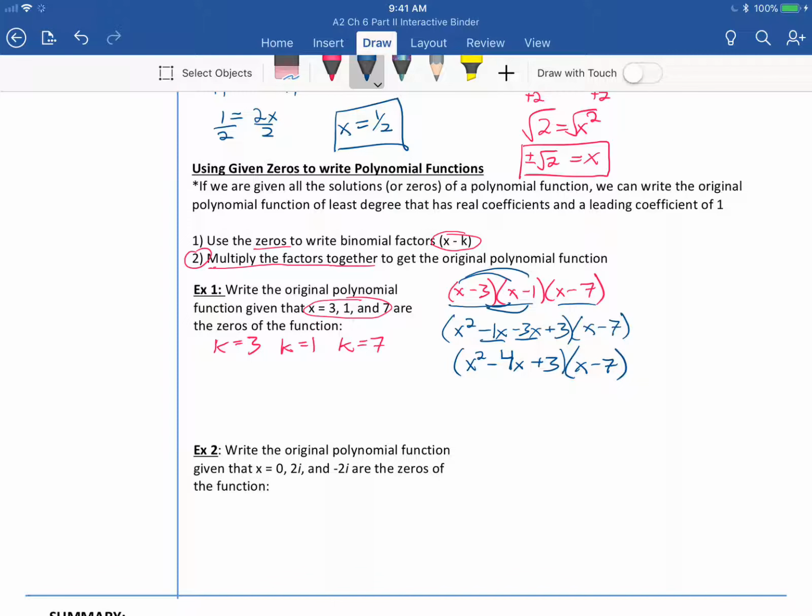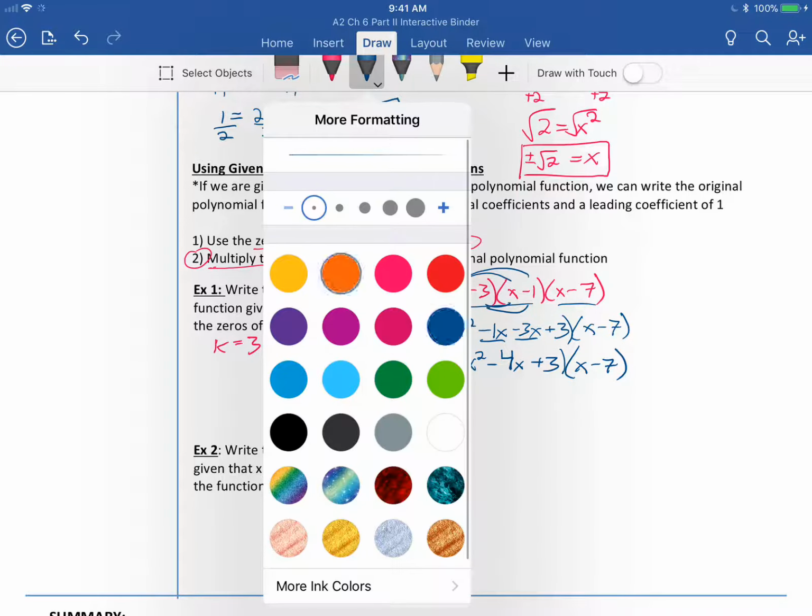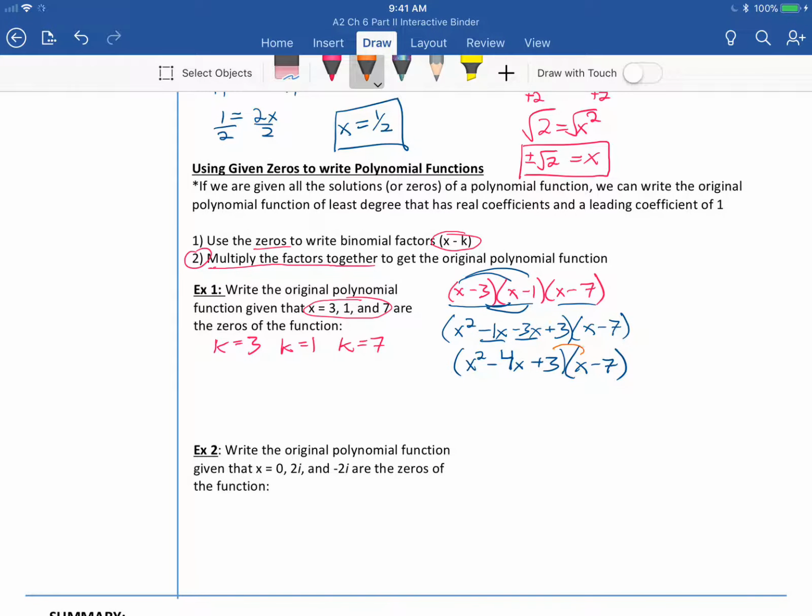To finish this off, I have to multiply the x times everything, and then the negative 7 times everything as well. The x times these is pretty nice: x cubed minus 4x squared plus 3x. Then negative 7 times x squared is negative 7x squared. Negative 7 times negative 4x is positive 28x.